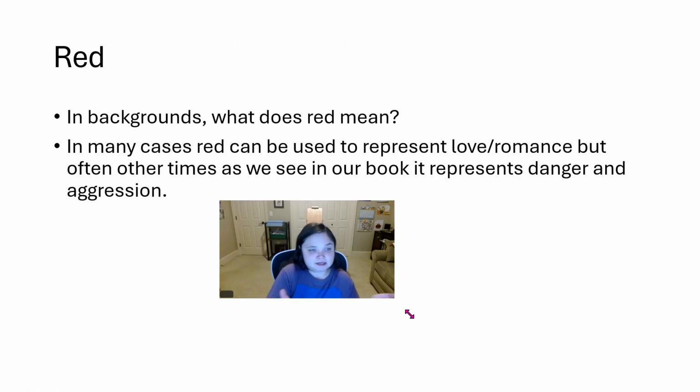So what does red mean in fact? In many cases, red can be used to represent love, romance, but often other times, as we see in our book, and it does show this in the book as we covered it with Margot on the train, it represents danger and aggression. So for here, I would probably write down love and danger.